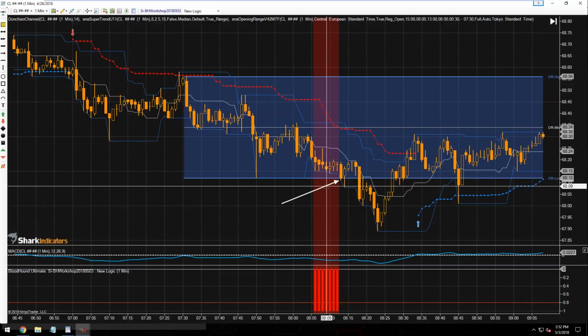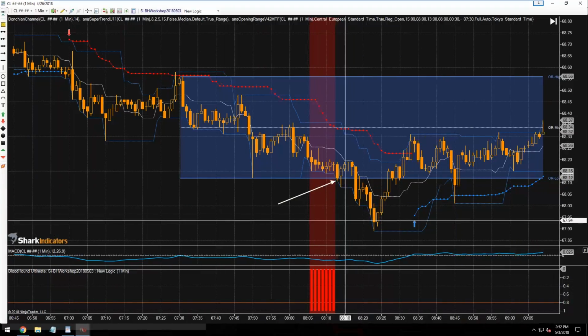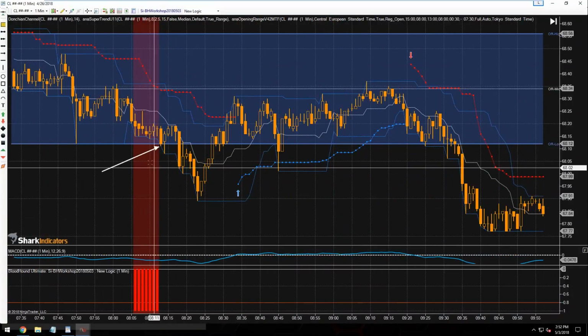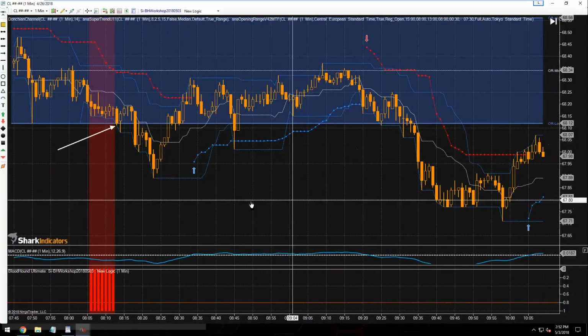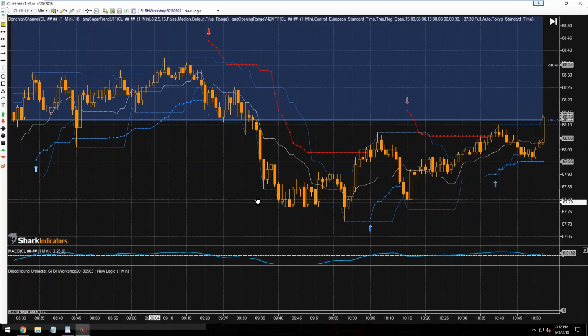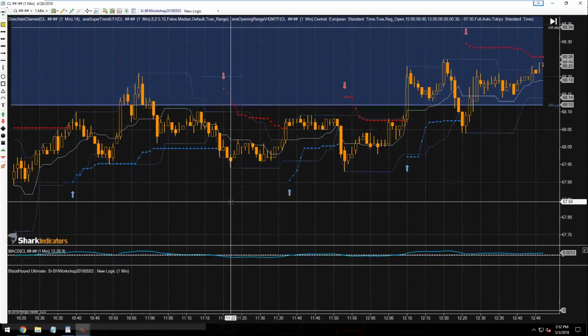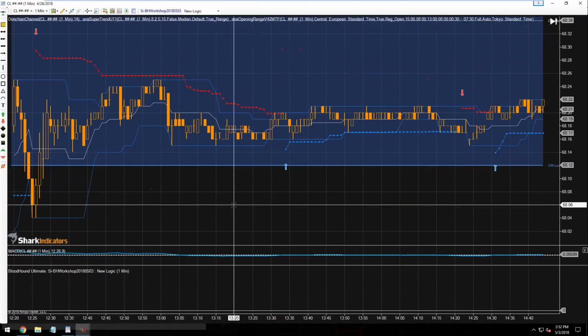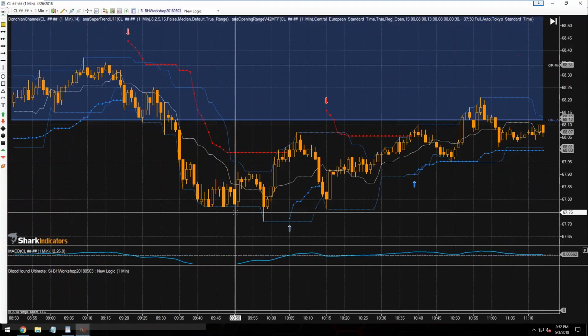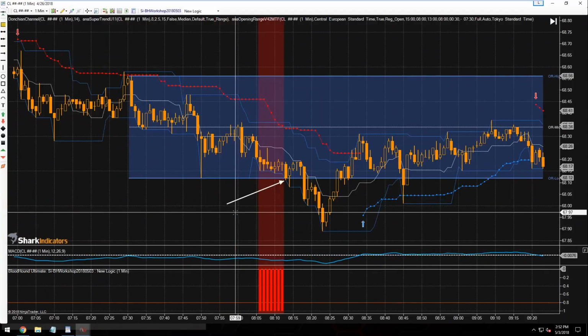So there is our breakout, and we're done. No more signals after the breakout. Yep, great. No more entry signals for the rest of the day. Good. I think we have it.